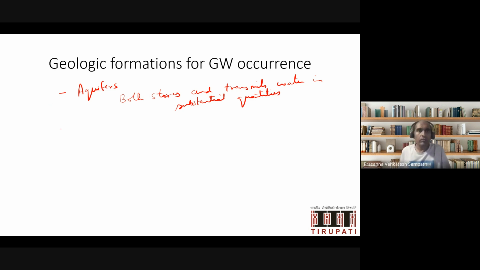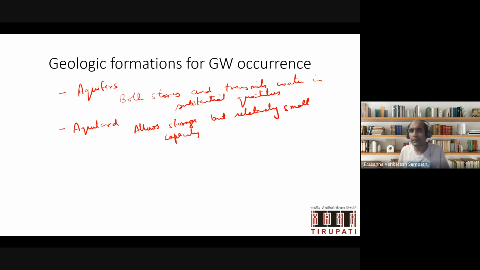Now, the next type is called an aquitard. Here it allows storage, but relatively small capacity for transmission.